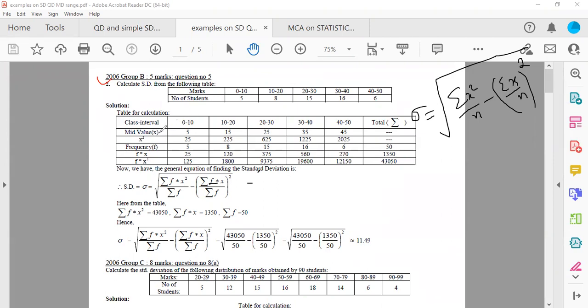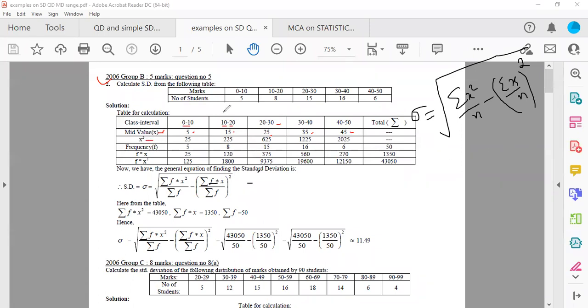So mid value is simply x. Mid value means upper limit plus lower limit by 2. So for 0 to 10, mid value is 5, right? 10 to 20, mid value is 15, 20 to 30, mid value is 25, 30 to 40, mid value is 35, and so on. So mid values are x. Now we have to record the x square.